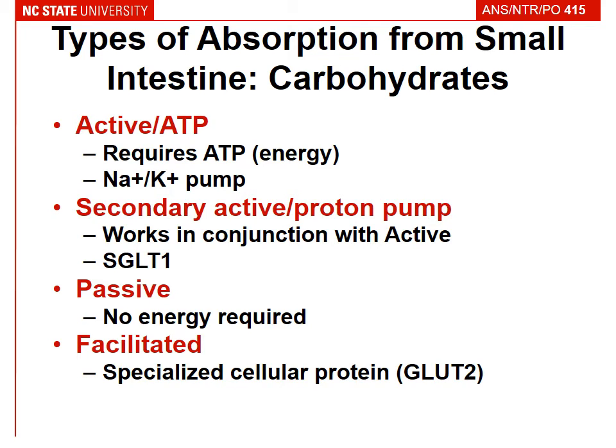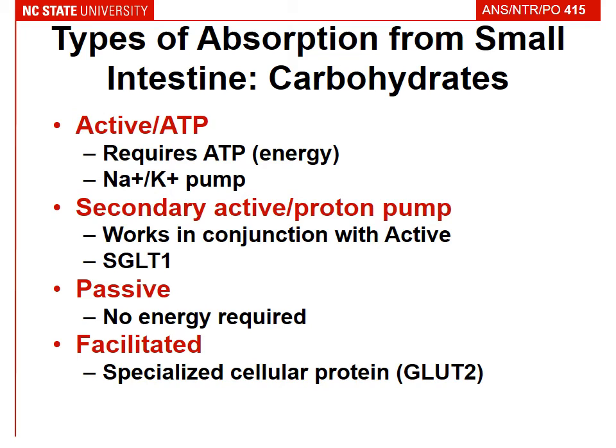transportation within the cell. An example of the secondary active is SGLT1, which stands for sodium glucose transporter 1. We also have passive, which is where the nutrient is able to just move right through the cell membrane, right into the cell.